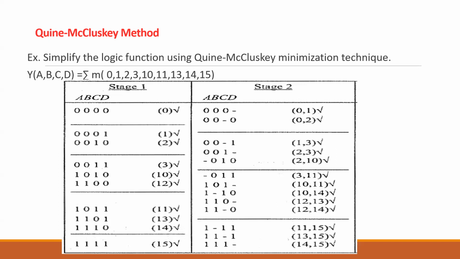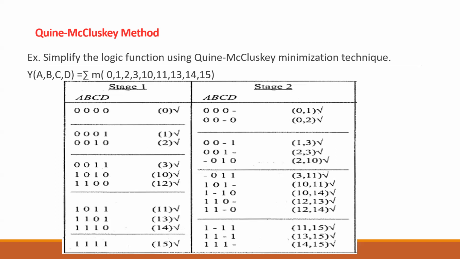Now, the last step in the second stage is to compare the fourth group from stage 1 to the fifth group of stage 1. Means 11, 13, 14, each minterm is compared with 15. And we get the minterm pairs in the second stage as 11, 15, 13, 15, and 14, 15.